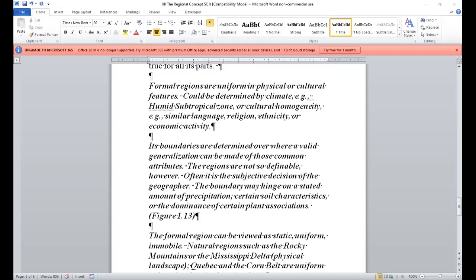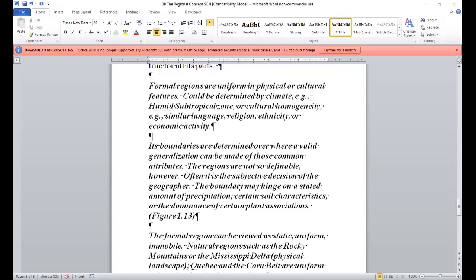But the regions are not so definable, however. Often, and this sounds like a good quiz question here, it's the subjective decision of the geographer.